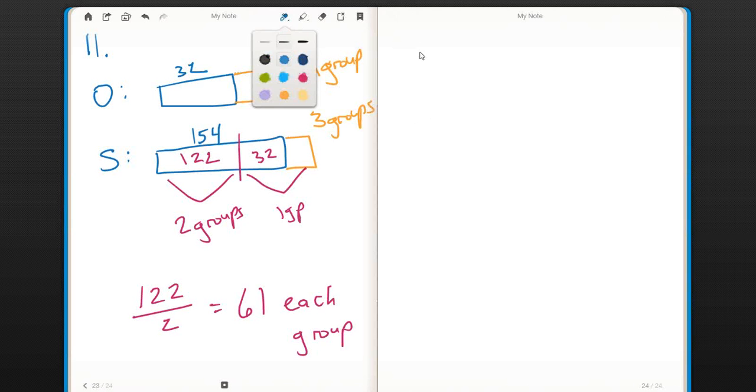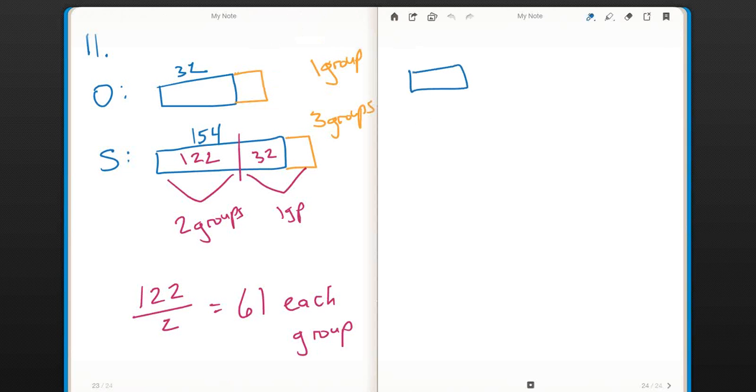So back to my original picture, 1 group is made up of 32 and an orange box, and that's equal to 61, which tells me that I must have 29 added in my orange box, because 32 and 29 gives me 61. So 29 is the number of stamps that they each purchased.